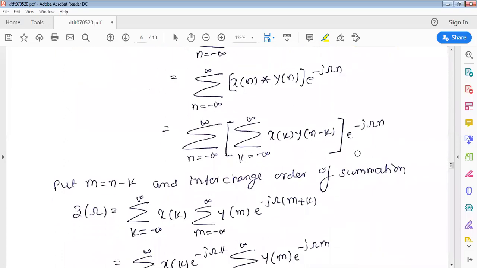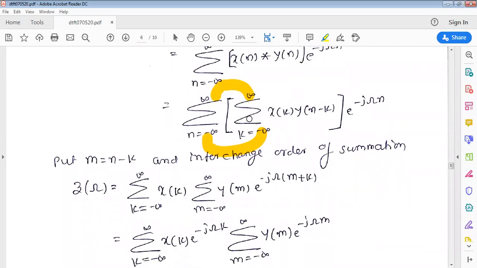This is equal to, let us put m is equal to n minus k. When you put m equal to n minus k and interchange the order of summation, this summation whichever you have will come to this side, and the other summation will come to this side.